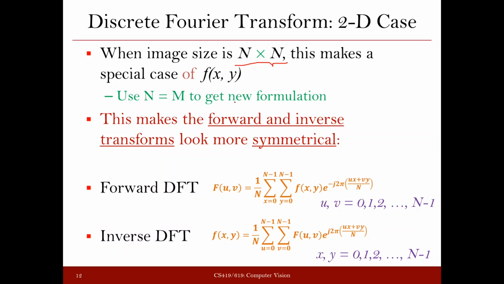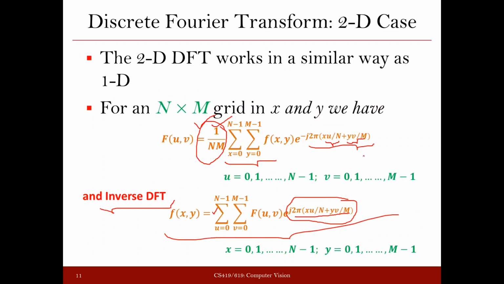Okay. So when n and m become the same, one direct formulation you can get from here, where you just replace m by n. So what is the expression you are going to get? You are going to get here 1/n², and similarly here you are going to get (xu + vy)/n. What are you going to get in the inverse? We have not written any coefficient there, so we are not going to get anything.